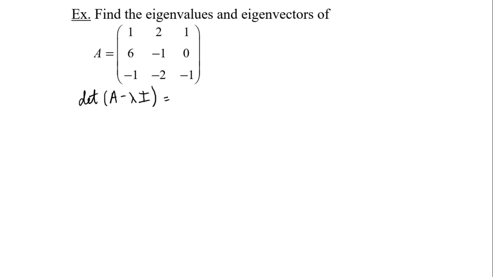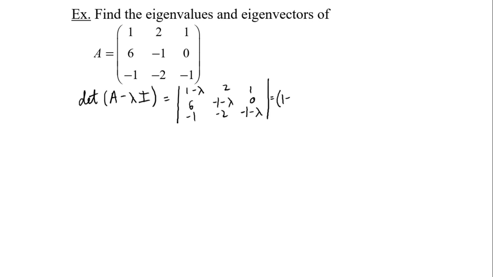So as we said, A minus lambda I is going to have lambdas subtracted from each of those main diagonal entries, and all the entries are going to stay exactly the same. And so now we're left finding the determinant of this 3 by 3 matrix. Well, let's work along the top row.